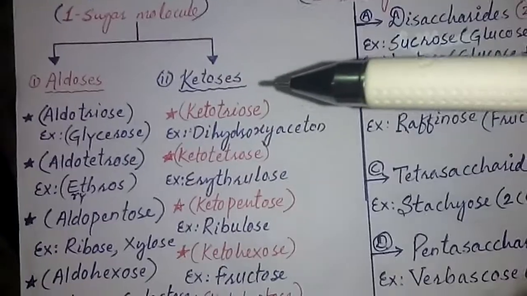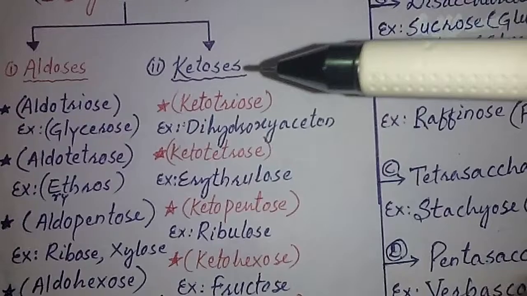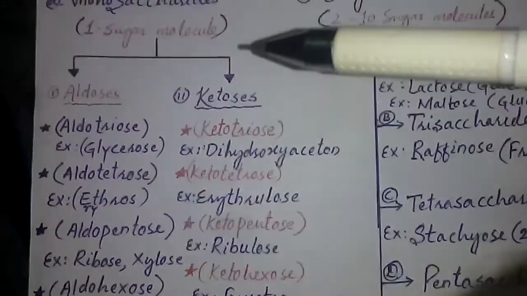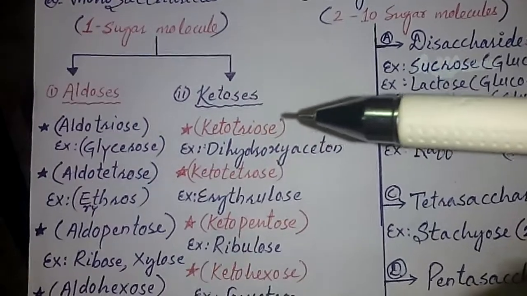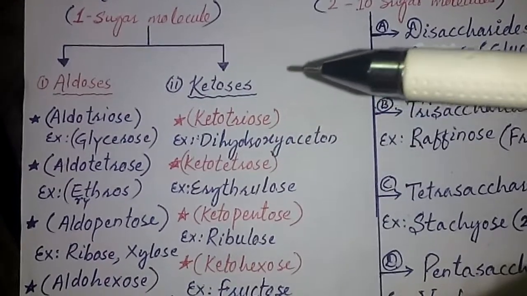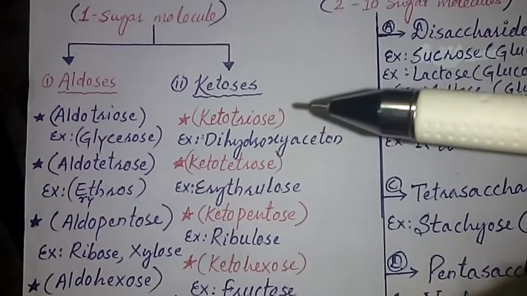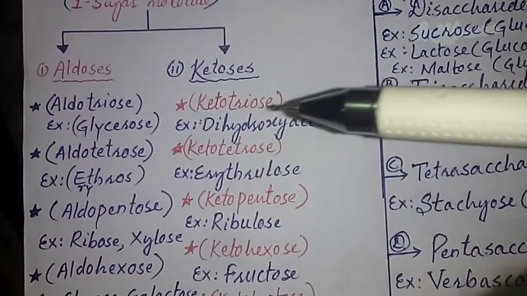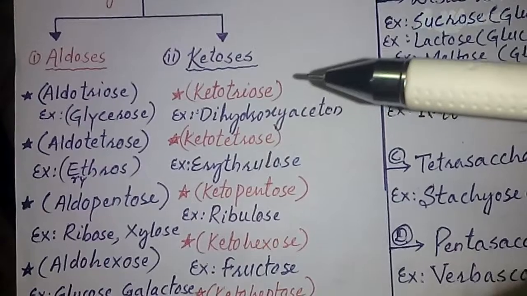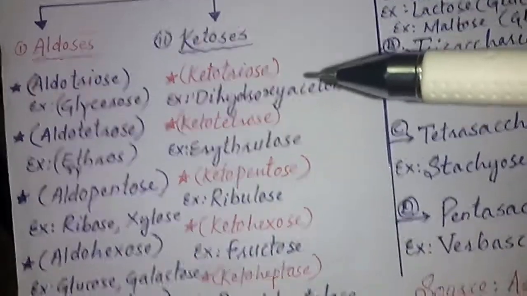Let's see the ketoses. Ketoses are the type of monosaccharide which contains the ketonic group CO as a functional group. Ketoses, alike aldoses, are also classified into the following classes.